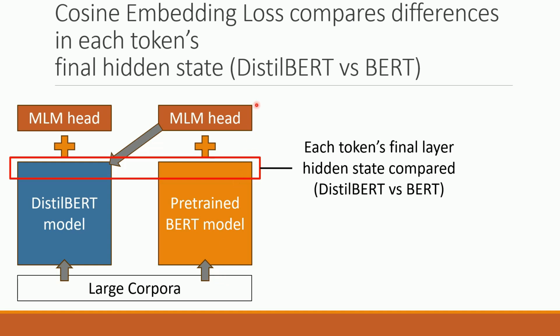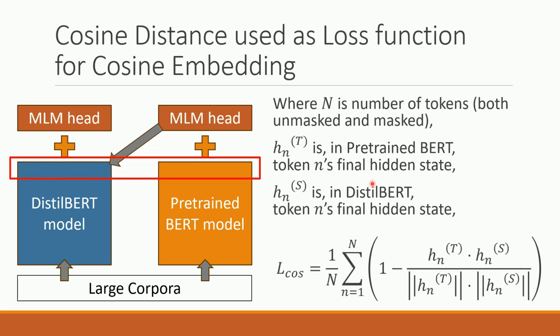So you can see here the training using masked language modeling. And this is DistilBERT, and this is the pre-trained BERT model. So we pass in the tokens, and then at the final layer, we compare each token's hidden state, right? And we use cosine distance as a loss function for this cosine embedding.